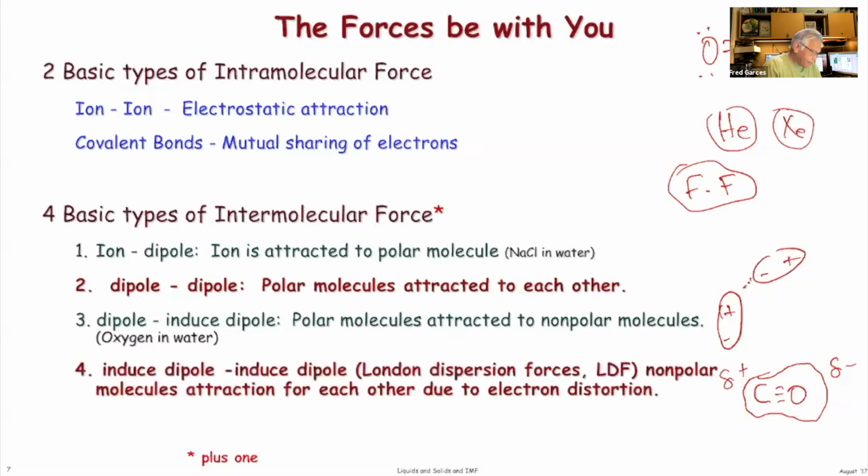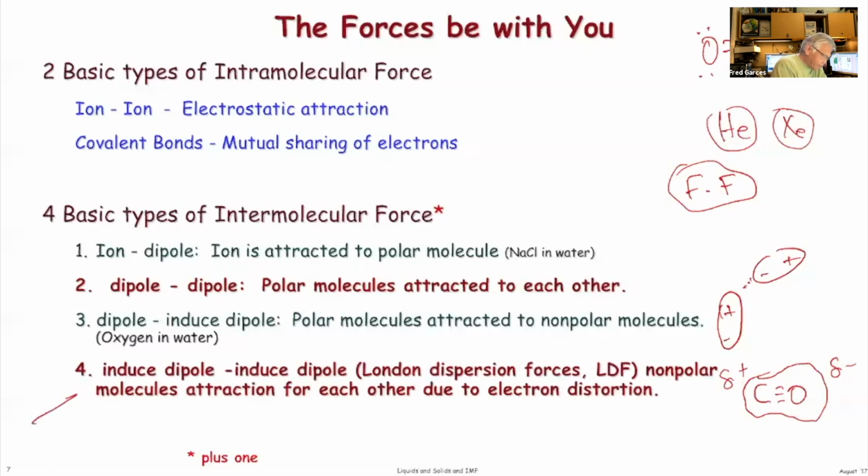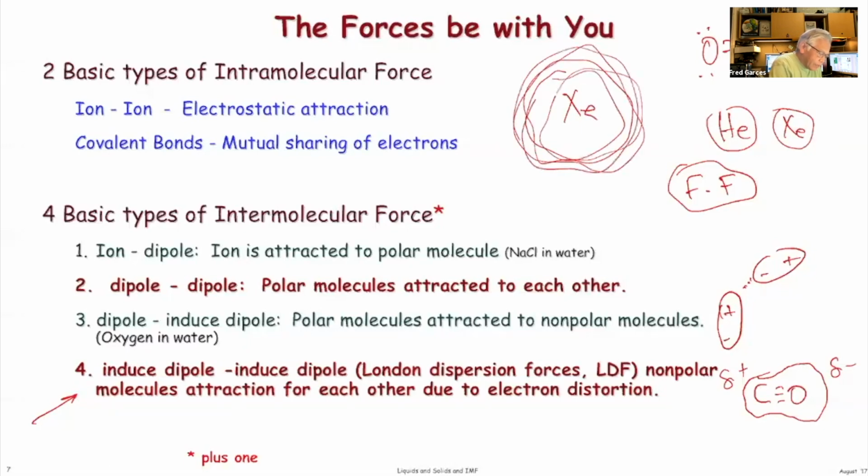Okay, induced dipole. This right here is pretty important because it's basically what all matter contains. All matter contains electrons, and if you take xenon, for example, it has an electron cloud. And every once in a while, under the right conditions, especially low temperature, the electrons are going to bunch up.